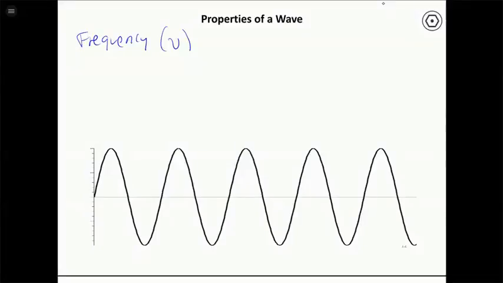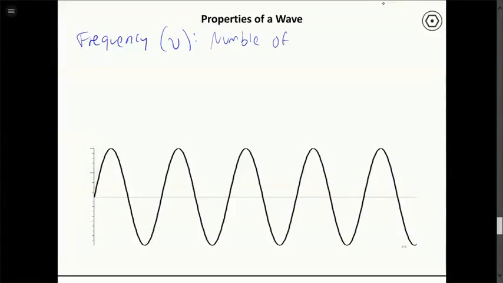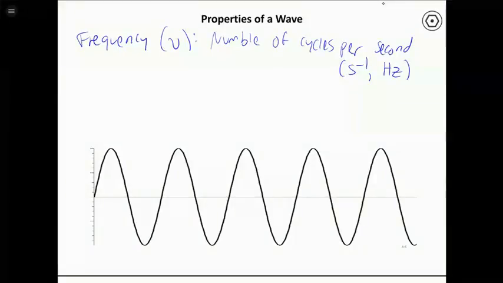Not a V, it's a nu. It's the number of cycles per second. The unit for frequency can be written as inverse seconds because it's number per second, or it's also named after a guy, Hertz, Hz. Those mean exactly the same thing. There's no difference, but you'll probably see both of them in different contexts. So frequency is the number of cycles per second.